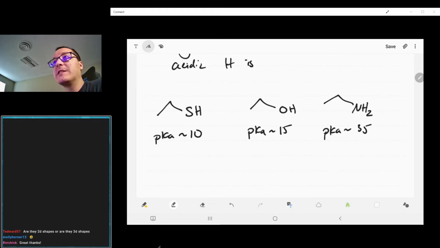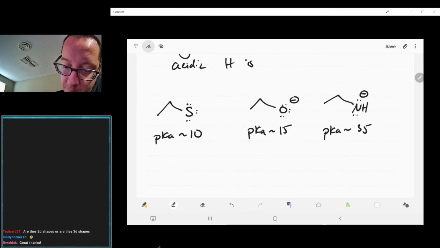So we're going to see here that we can look at the identity of the atom on which your acidic H is located to get some information about how acidic those atoms happen to be. And so if we go ahead and draw our conjugate bases here, no resonance in any of these, but we're going to see that the only difference is that one atom, right?